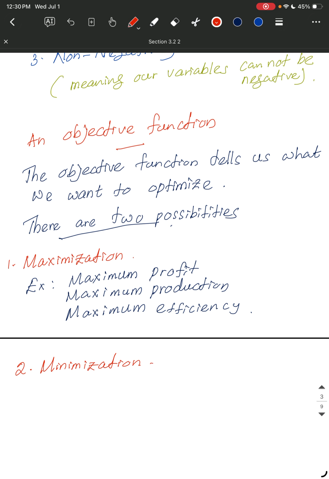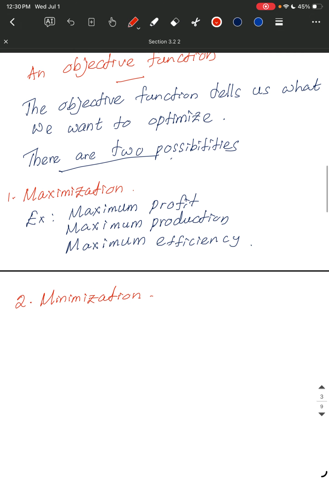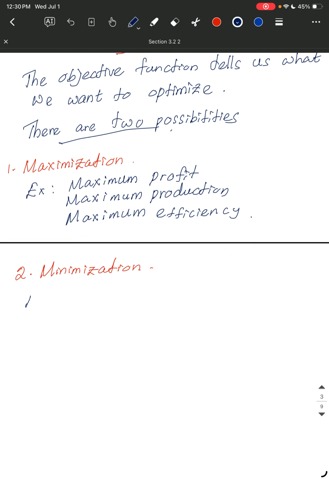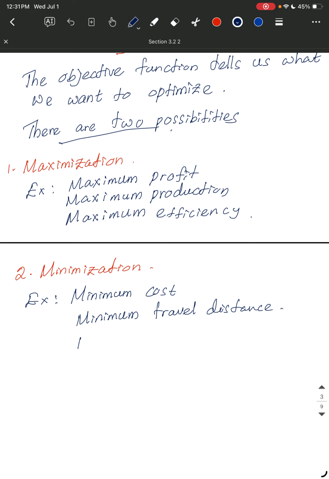For example, minimum cost. We want to minimize the production cost. Also, we want to minimize the travel distance. Also, we want to minimize the time for the production. So, minimum time. Those are the examples.